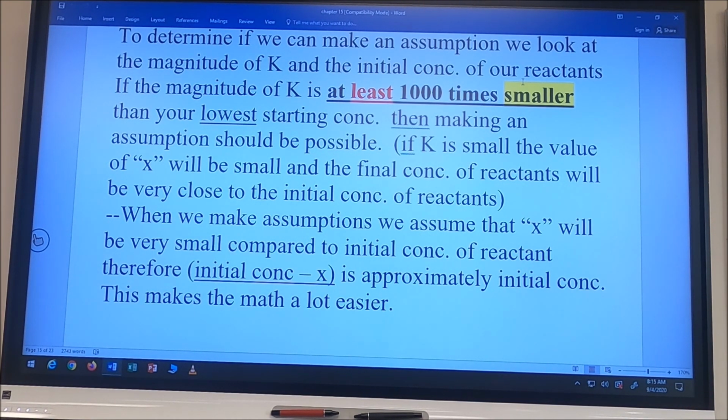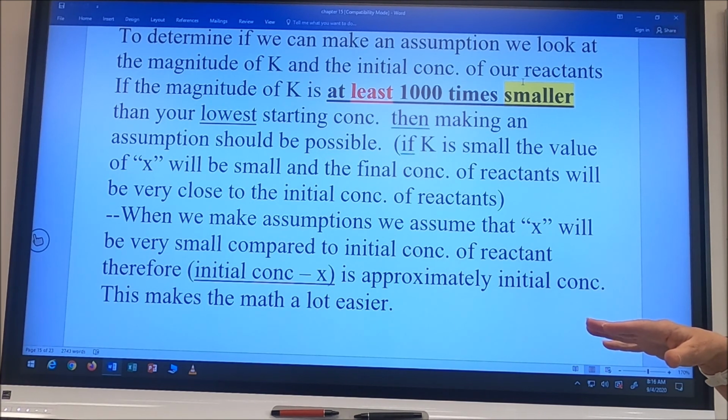What we're doing here is saying that x is going to be so small when we solve for it that when I subtract it from that initial concentration, with significant figures, I'm probably not going to see a change in the value. So you approximately get the initial value.